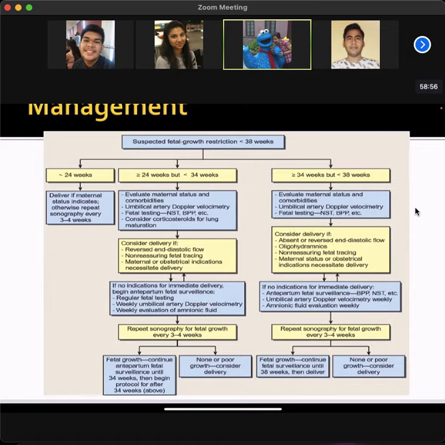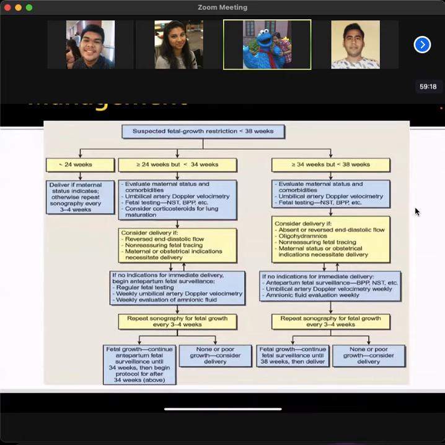So in fetal well-being studies, these are your NST and your BPP. In presence of absent or reversed end-diastolic flow, oligohydramnios, non-reassuring fetal tracing, and deteriorating maternal status, then deliver. If no indication for immediate delivery, we may repeat accordingly.